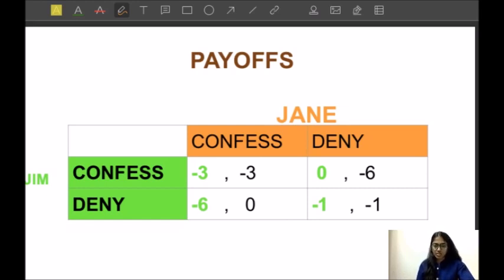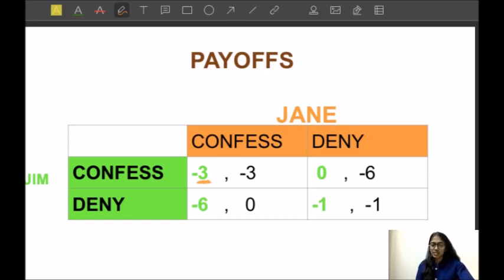He supposes that if Jane confesses, then what will Jim do? He has two options, either to confess or deny. So here, if he confesses, he gets jail of 3 years, and if he denies, he gets jail of 6 years. So obviously, he will choose to confess, that is 3 years of jail.